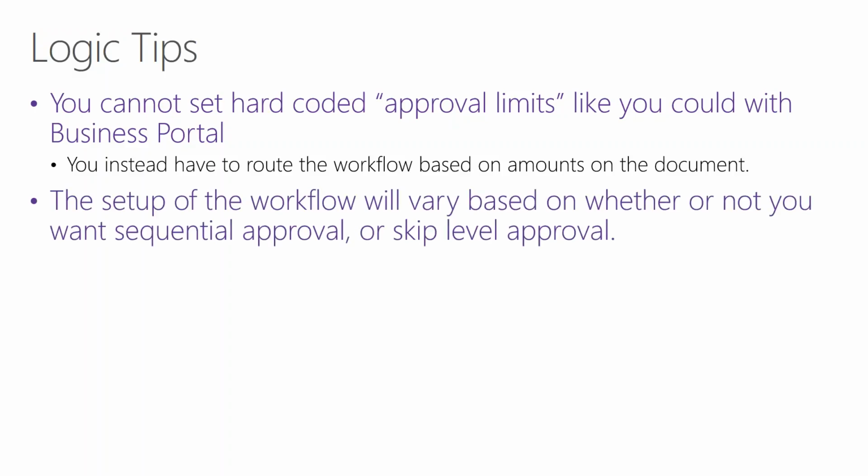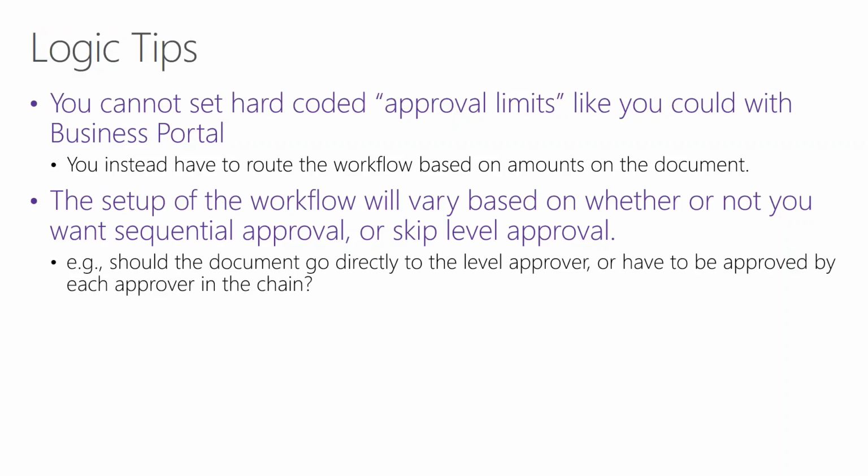The setup of the workflow can vary based on whether or not you want sequential or skip level approvals. That was one of the things that I mentioned in the hierarchy. You can do skip level approvals. So the question to ask yourself is, should the document go directly to the level approval or be approved by each approver in the chain?